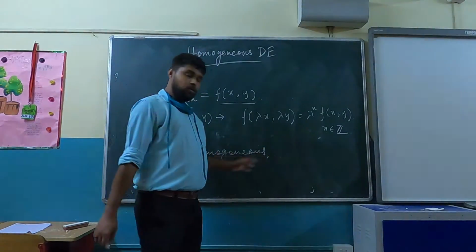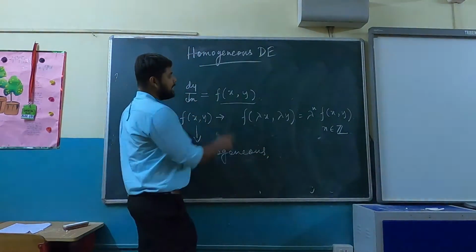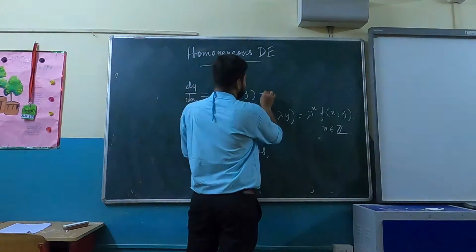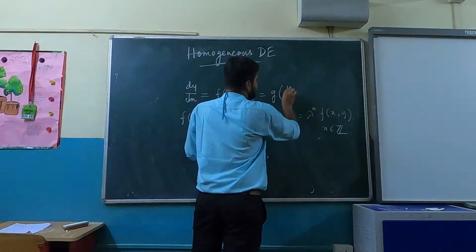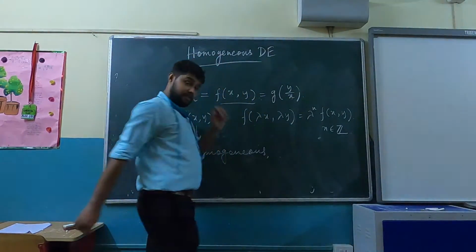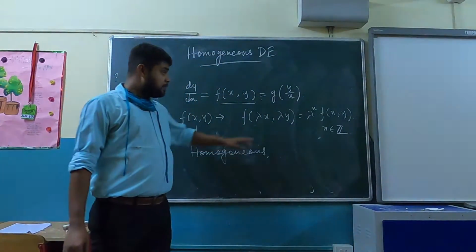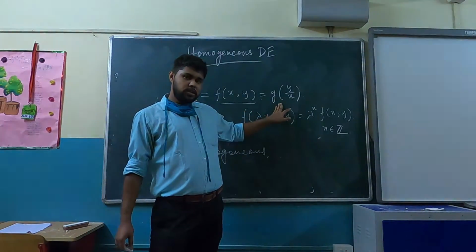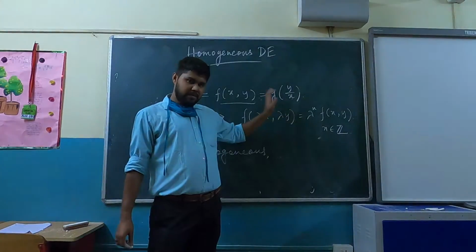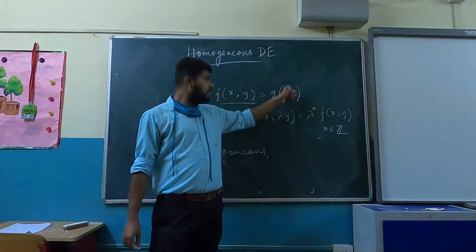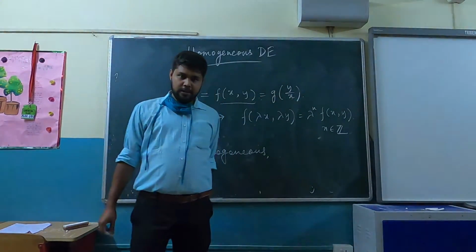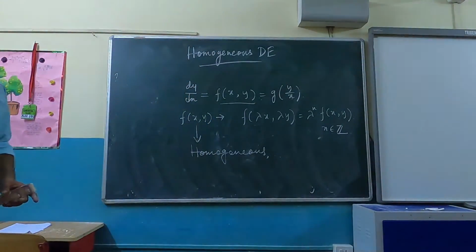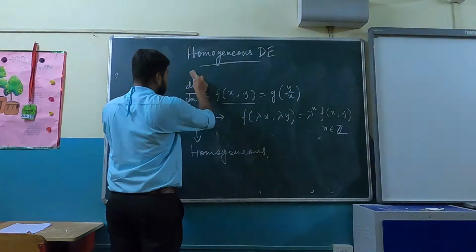Also, if it is a homogeneous equation, then I can write this f of x comma y as some g of y by x. If it becomes homogeneous, then I will be able to write it as some function g whose variable is y by x.